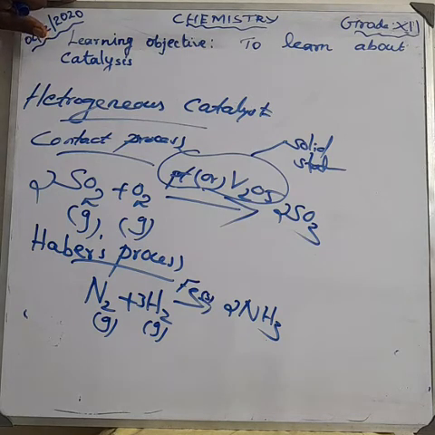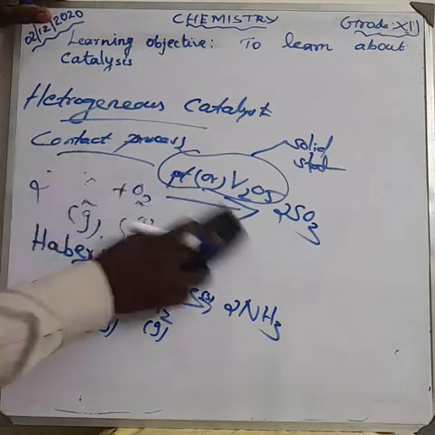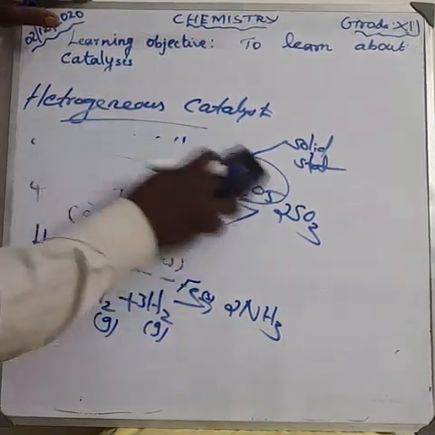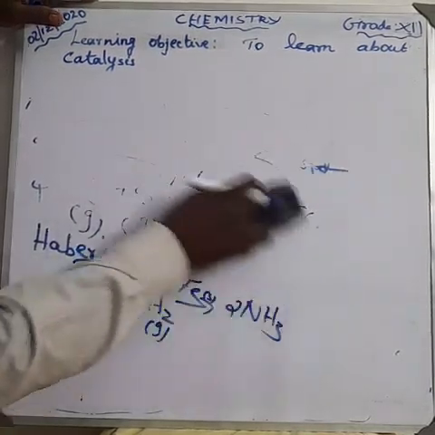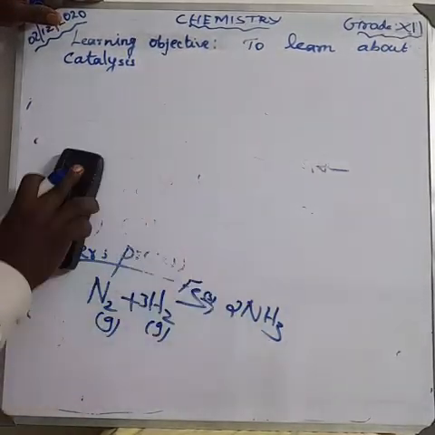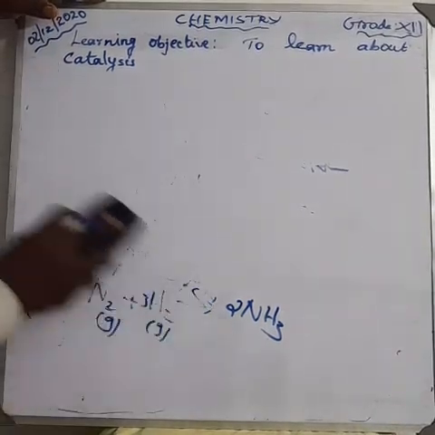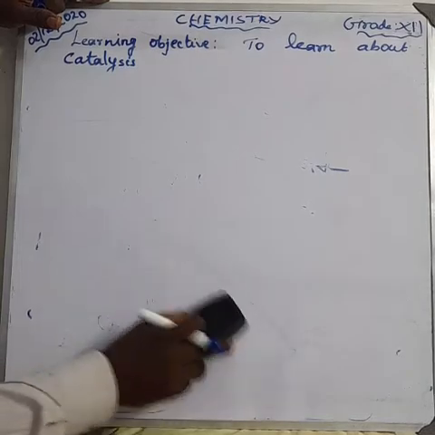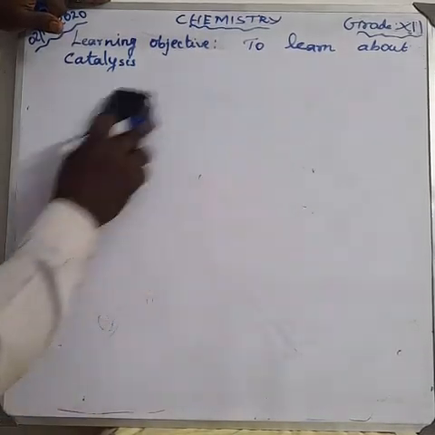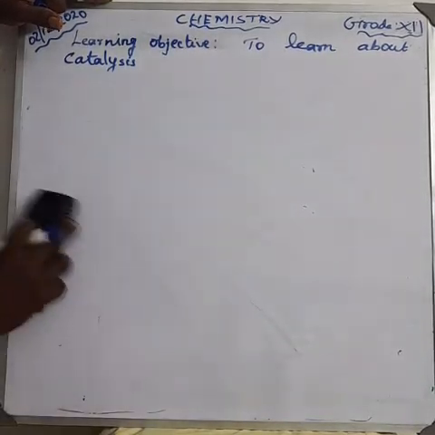Then we can learn more examples as per the textbook. I think we have more than 6 examples. Those who are interested can learn all the equations. Otherwise, at least learn 1 or 2 equations. That is your choice.